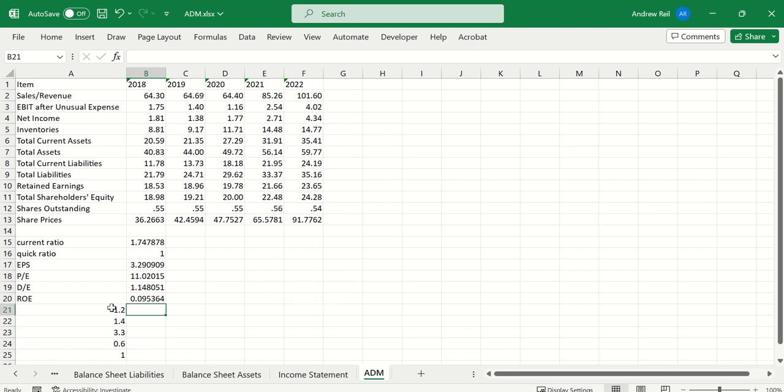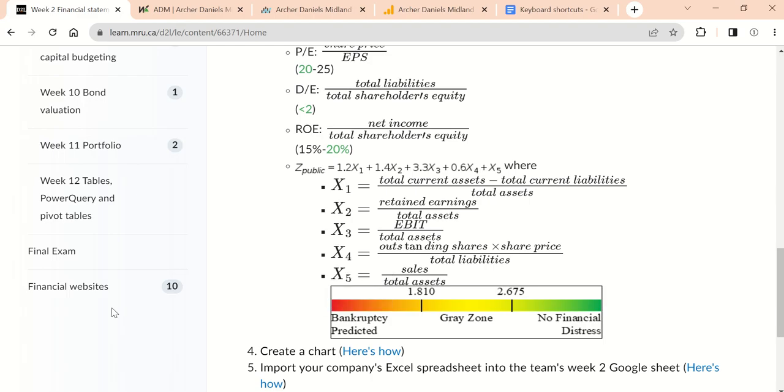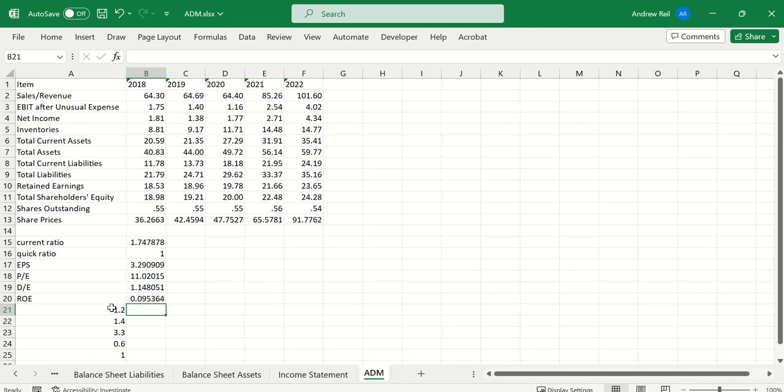So the first factor is total current assets minus total current liabilities divided by total assets. So I'm going to put the numerator in brackets: total current assets minus total current liabilities, close the numerator, divided by the total assets.